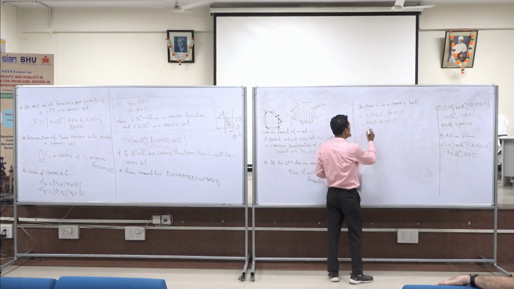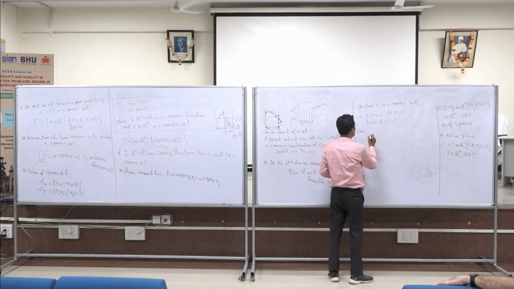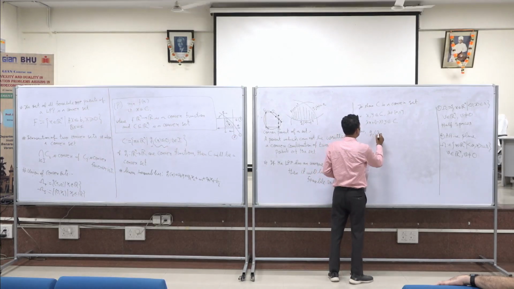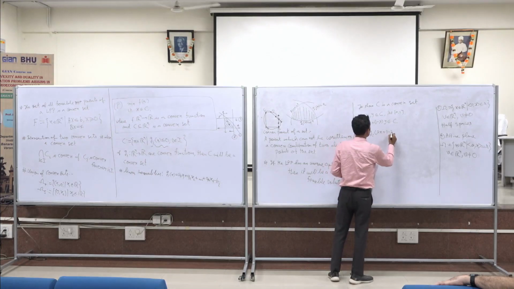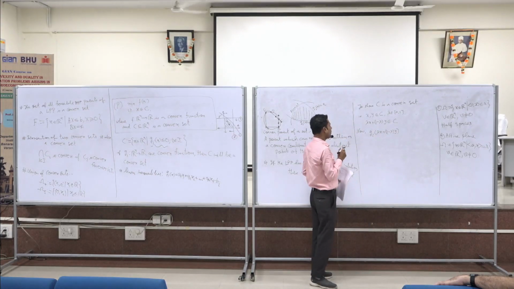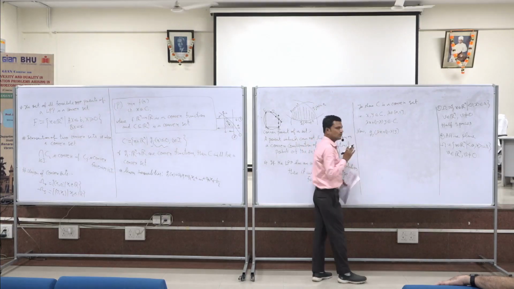So we start from this g_i of lambda x plus 1 minus lambda y, right? But now this g_i is a convex function.